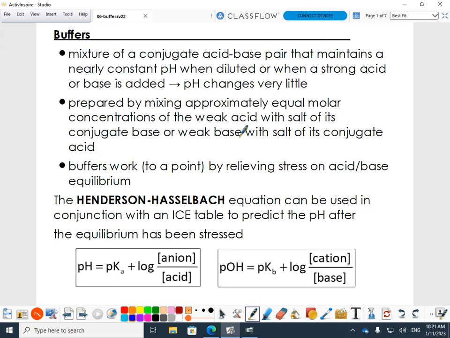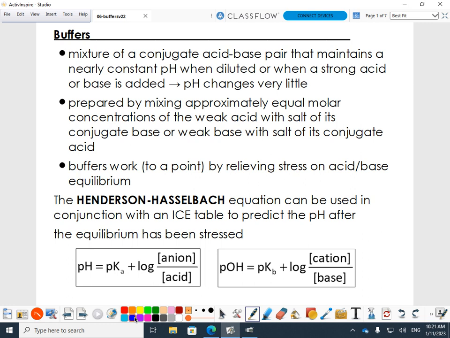This is the application of Le Chatelier's principle for this section. Similar to the end of solubility equilibrium, where we talked about whether a precipitate forms, this is going to look at how a buffer can work to relieve a stress on an acid-base equilibrium.